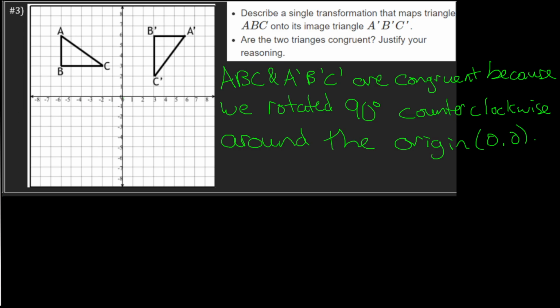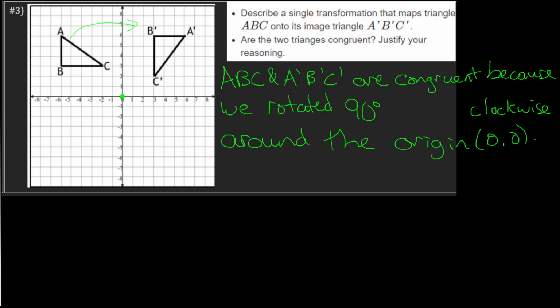Again, we rotated, we picked our center of rotation as that origin, so 0, 0, and we rotate around it 90 degrees, or sorry, that should be clockwise. Let's say clockwise. So I always want to check. That way I'm good. So it should just be clockwise because we went around it, going with the clock.